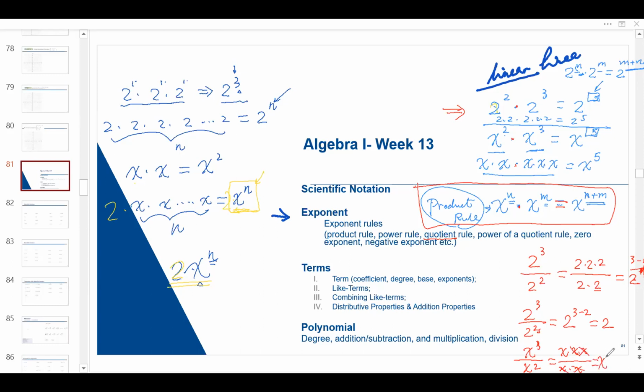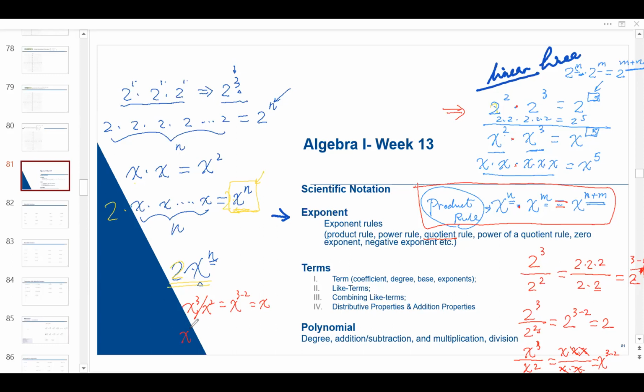This x comes from 3 minus 2, so the exponent is 1. That's the same. So if we take the quotient, x power 3 divided by x power 2 comes from 3 minus 2, right?